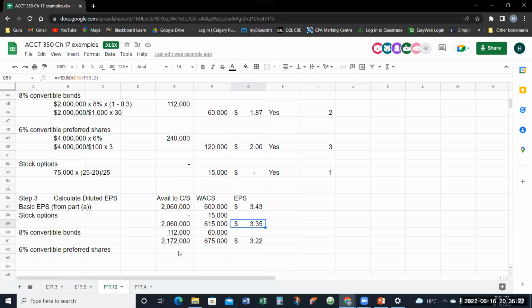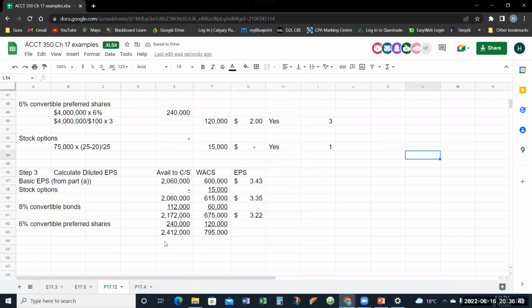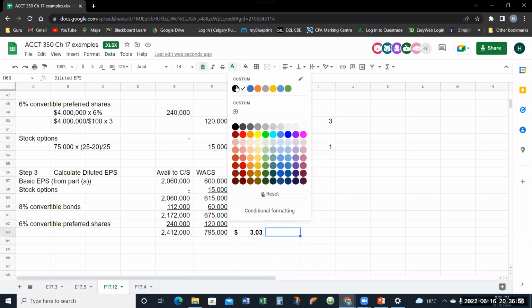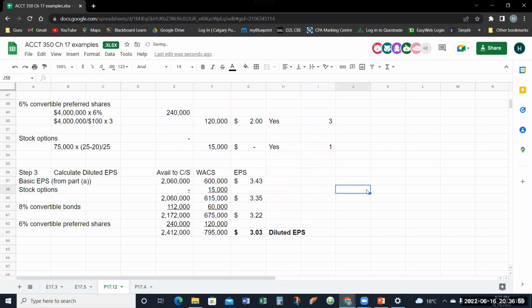So this will result in $240,000 more income to the common shareholders, and total income available becomes 2,412,000. Weighted average common shares will go up by 120,000, from 675,000 to 795,000. Dividing 2,412,000 by 795,000, we get $3.03. That is hands down the smallest earnings per share, and therefore is our diluted earnings per share.